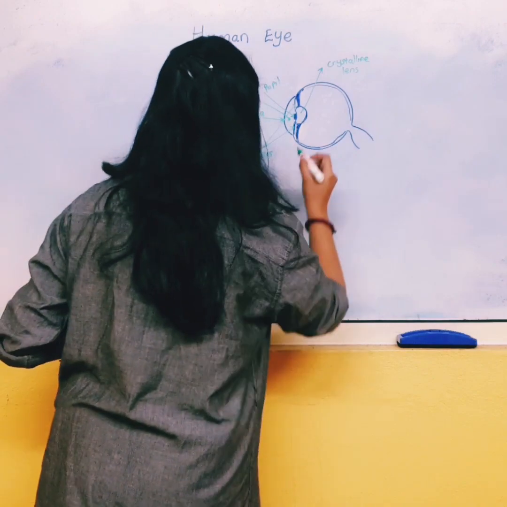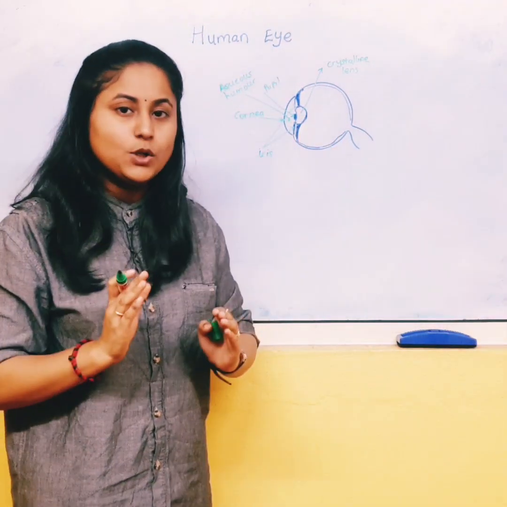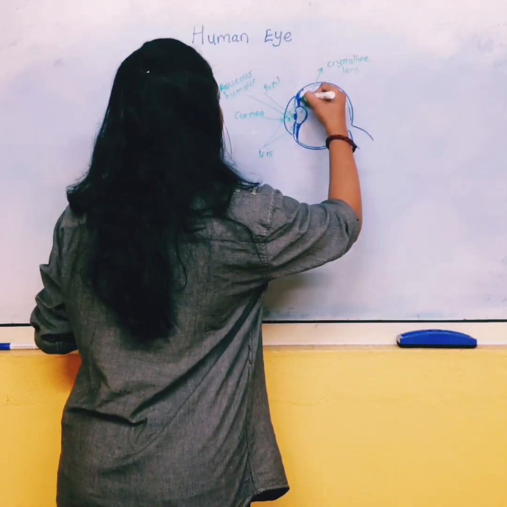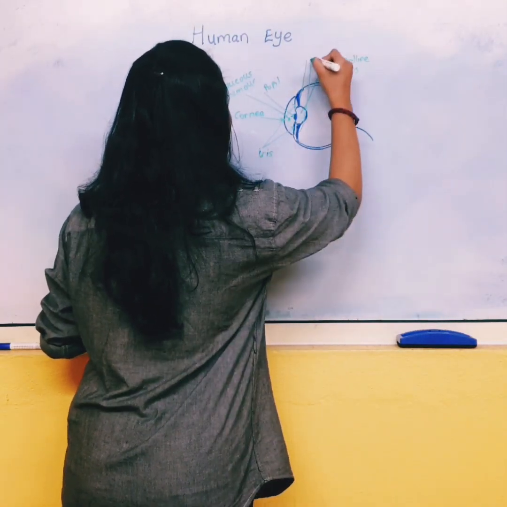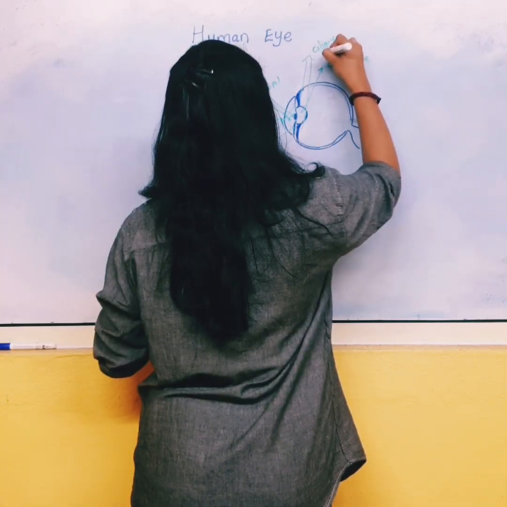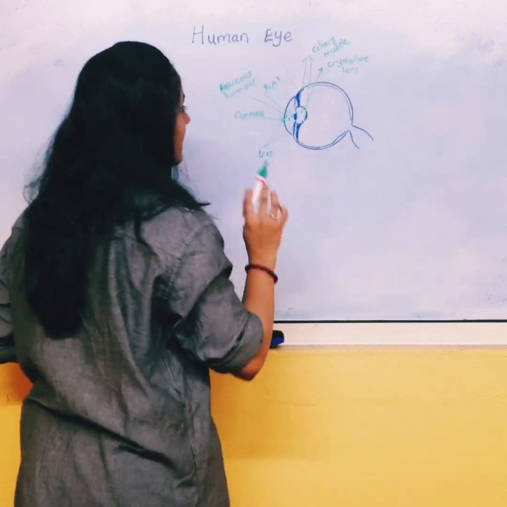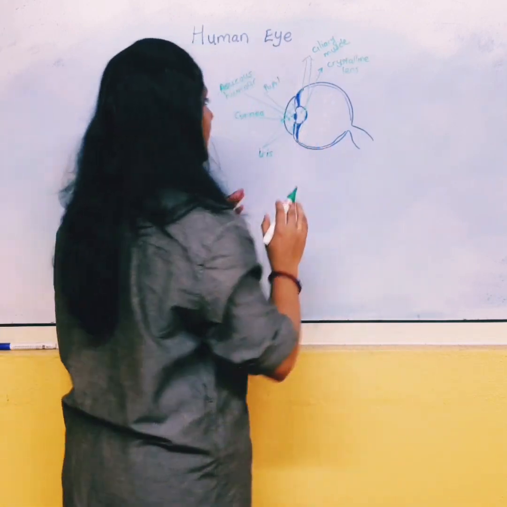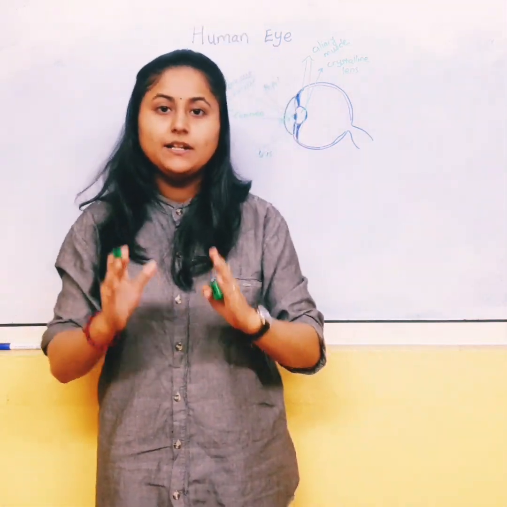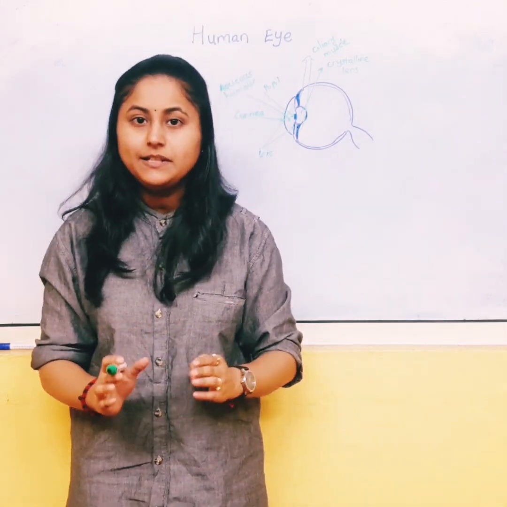Now next, you will see that this lens is held properly in place by a muscle which is known as the ciliary muscle, towards both the sides. Now, when we see an object, there needs to be a screen present on which the image will be formed, isn't it?